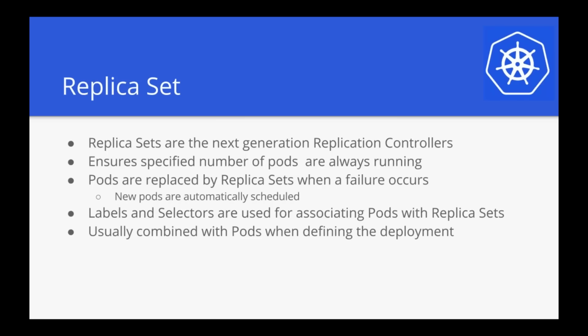Number 1, the way a replica set identifies pods is through annotations. So annotations is the next generation of labels and selectors, which will use some advanced query mechanism to associate the objects at runtime. For example, with labels and selectors, it's always binary.